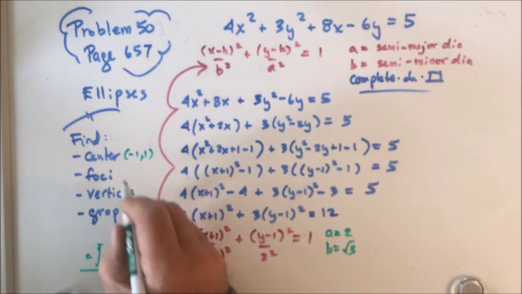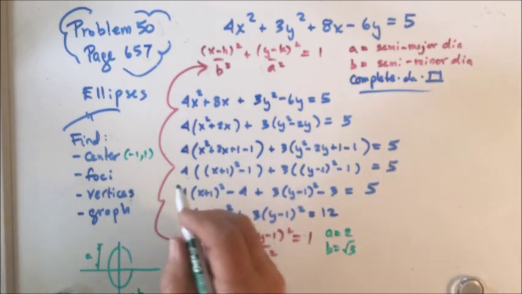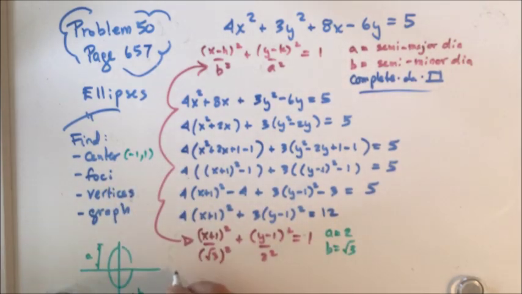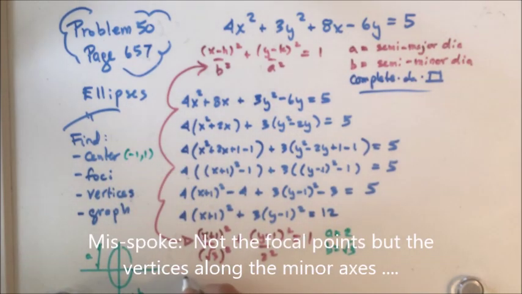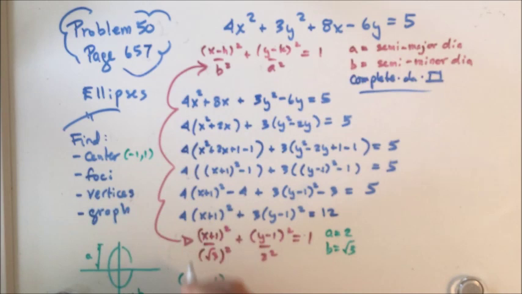So these, where do I write the focal points? So the focal points down here, these two guys are 1 and b root 3, what is this, minus 1 plus and minus root 3, right? It's not easy to see. There's the x vertices, if you will.